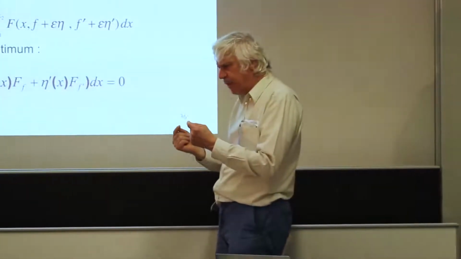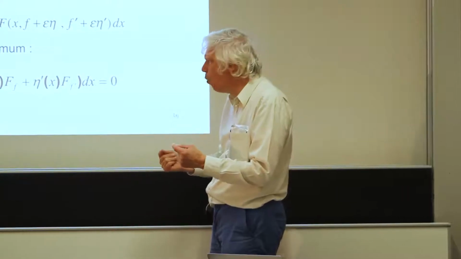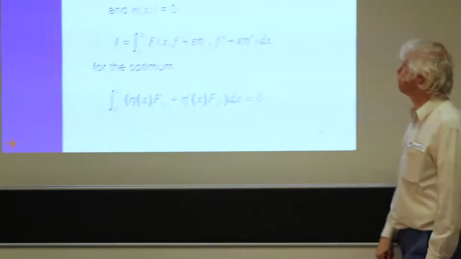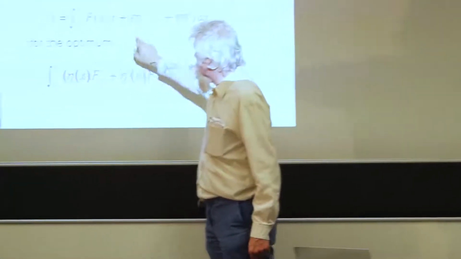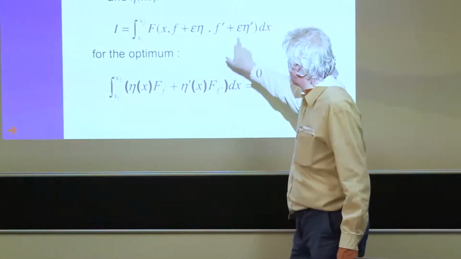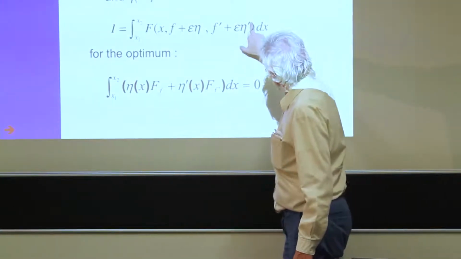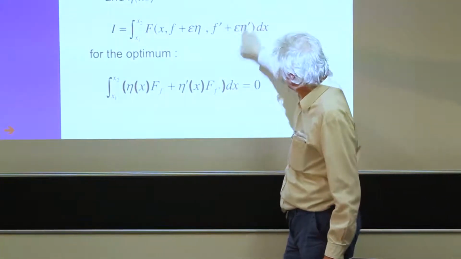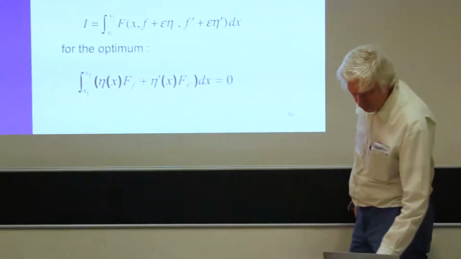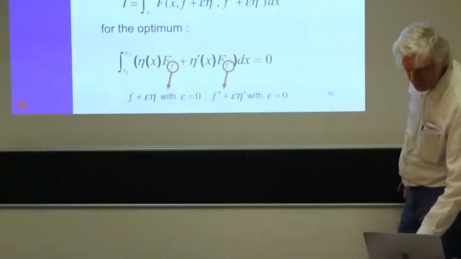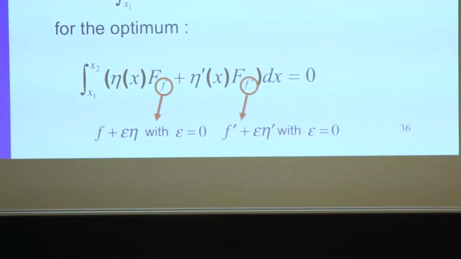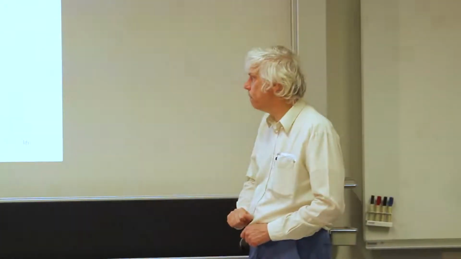Taking the derivative with respect to epsilon and putting epsilon to 0 yields these two components: eta times the derivative of the integrand with respect to f, and eta prime, the derivative with respect to x, times the derivative with respect to f prime. Those two are there because epsilon is known to be 0. That's where we should find that extremum. If f is a solution, then that has to apply.